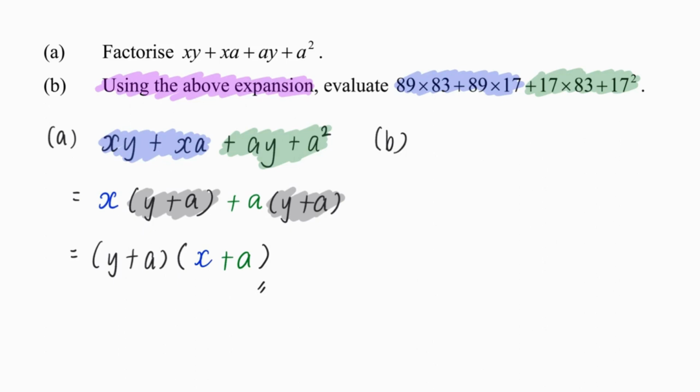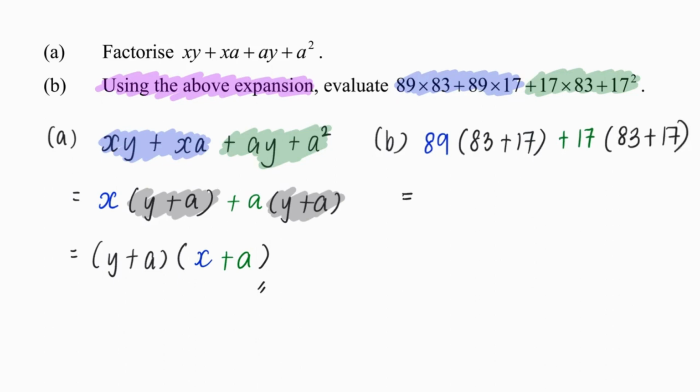taking out the 89, and I'm left with 83 plus 17. I could take the 17 out as a common factor, and I'm left with 83 plus 17 as well.